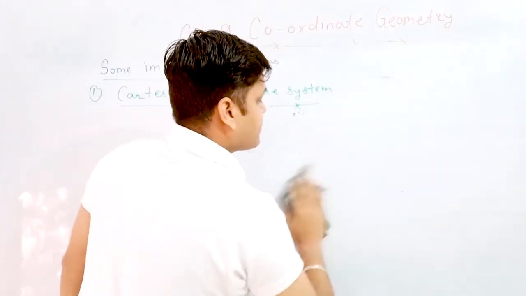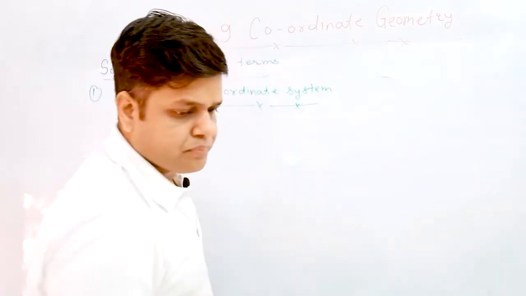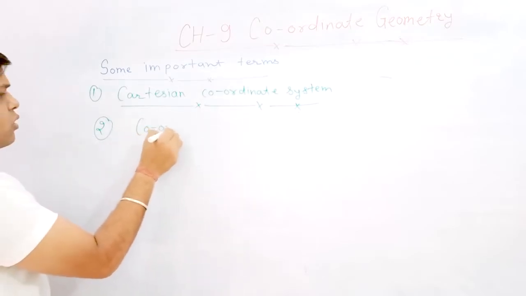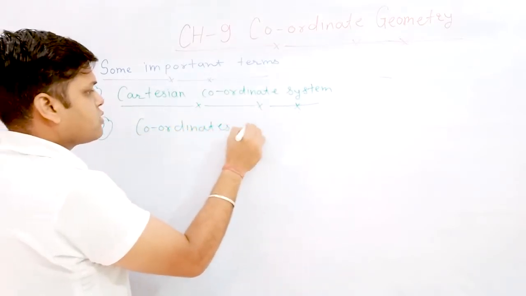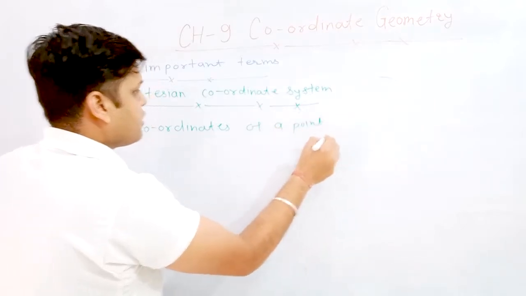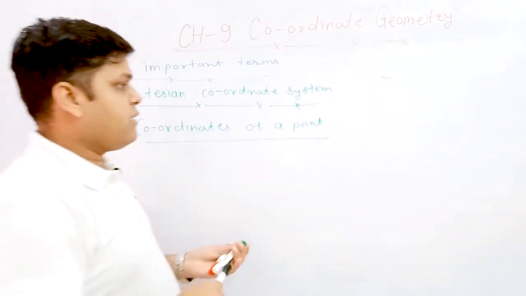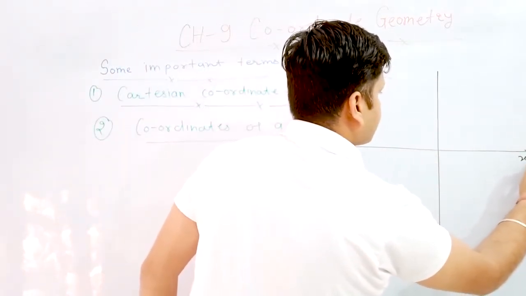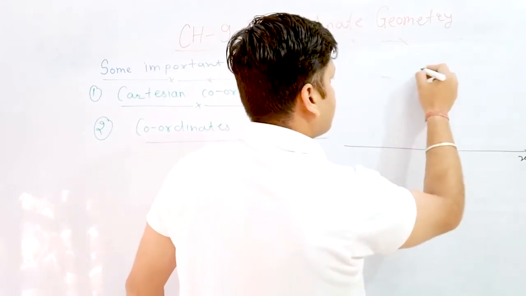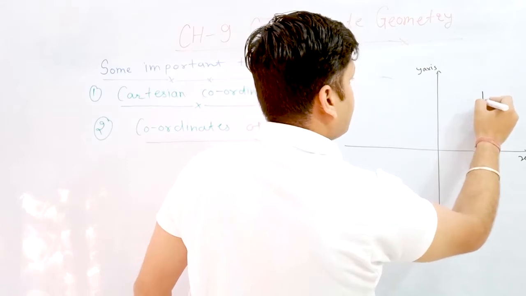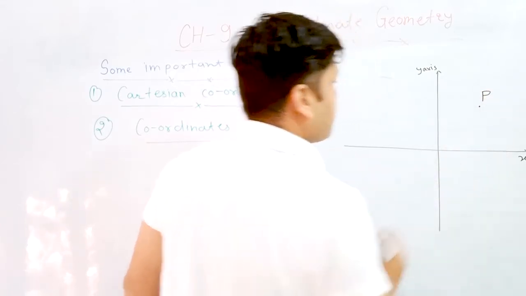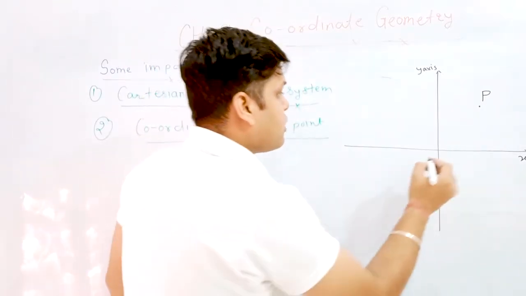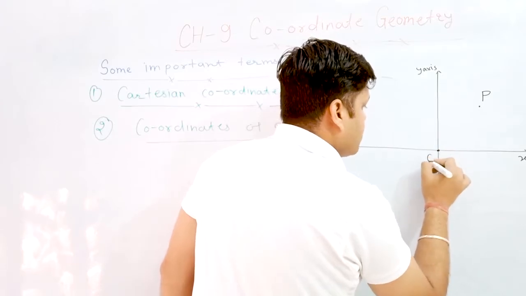Now again we recall the second thing, which is the coordinates of a point. For the coordinates of a point, we draw two perpendicular lines, the x-axis and the y-axis. Say P is any point in the plane like that. Now, how do we define its position? Our reference point is the origin.